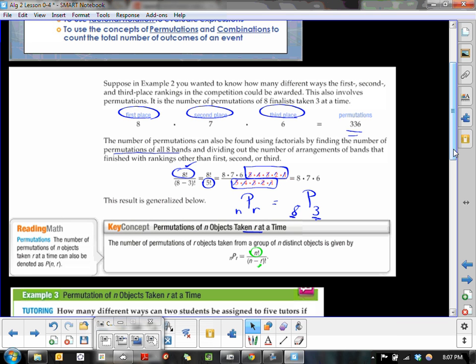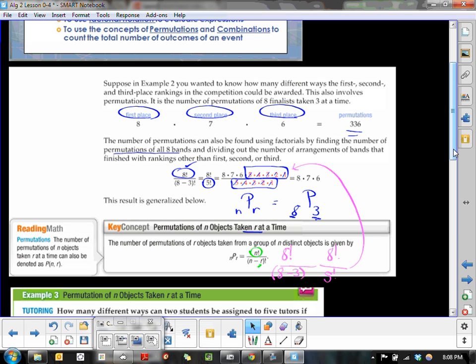So in our case, we had 8 bands. We're only going to take from the 8, we're going to give 3 places, so 8 P 3, which is 8 factorial all over 5 factorial, which then again can be written like this.